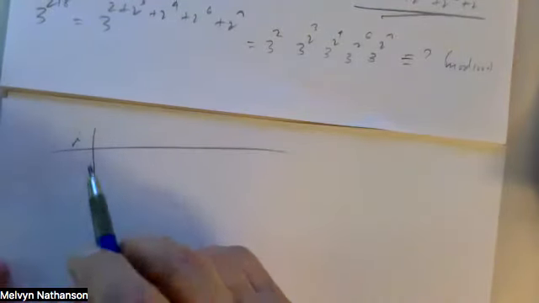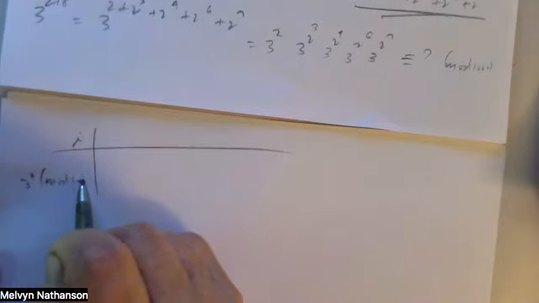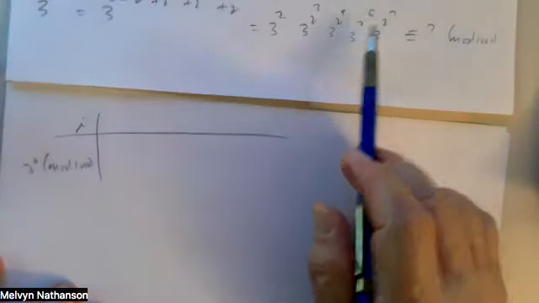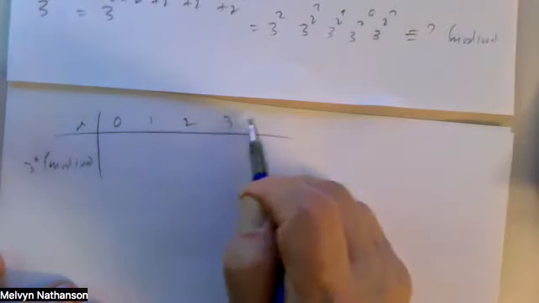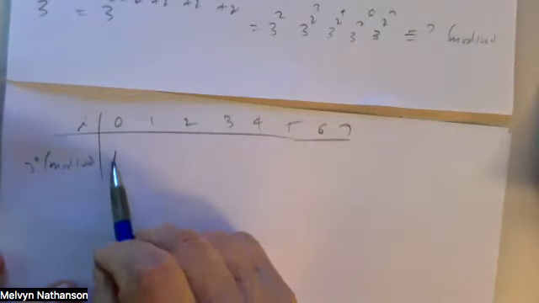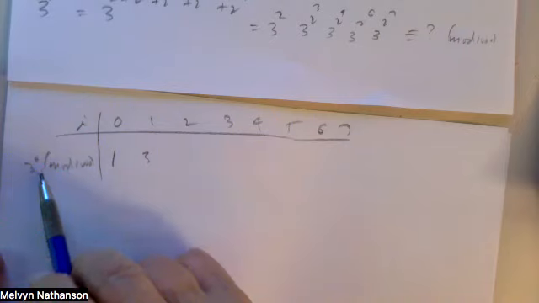I and 3 to the I mod 1,000. So I only need to know the powers of 3 up to the 7th power. 0, 1, 2, 3, 4, 5, 6, 7. 3 to the 0 is 1. 3 to the first power is 3.